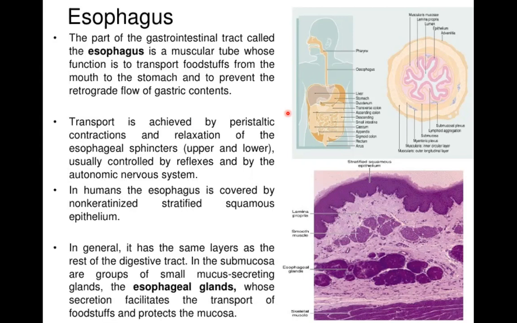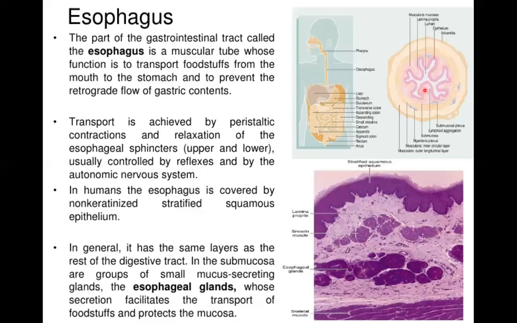The lining epithelium of the esophagus is a stratified squamous non-keratinized epithelium. As we said before, a part subjected to continuous friction is always stratified. So this is stratified squamous non-keratinized epithelium, as we see here in the slide. By the way, for all slides showing a lumen, a circle, like the esophagus, the vas deferens, the urethra, the first point we try to identify is the lining epithelium. So here the lining epithelium is stratified squamous non-keratinized epithelium.